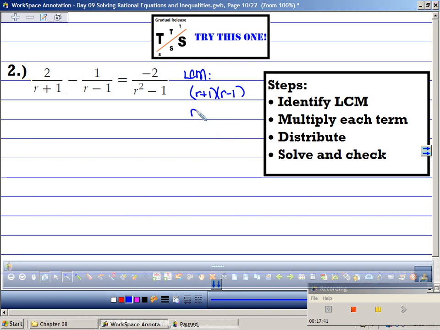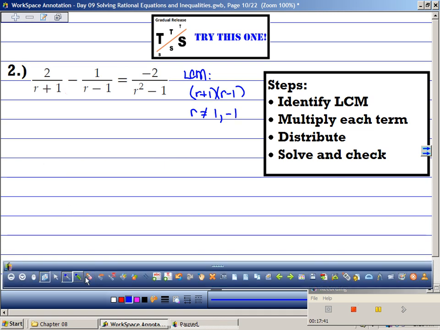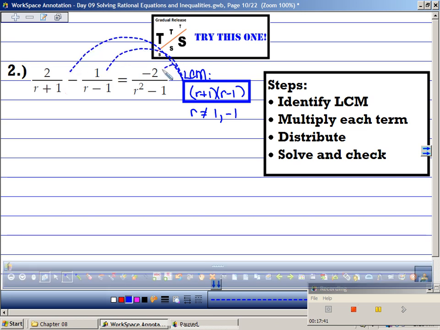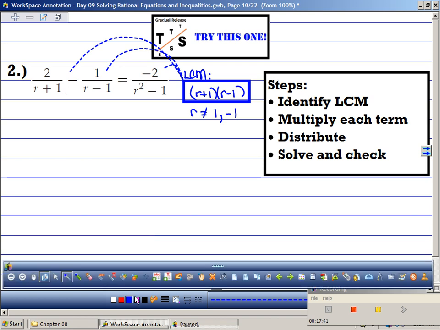So what can R not be? 1 and negative 1. All right, if this is my LCM, that's what we're going to multiply everybody by. That one, and that one. Do you guys want me to continue, or? Okay.